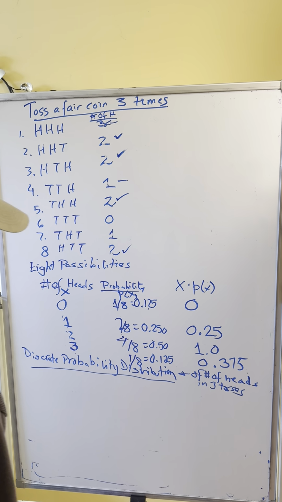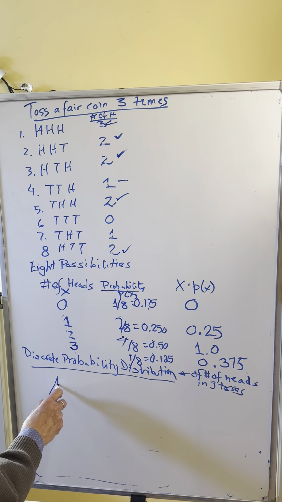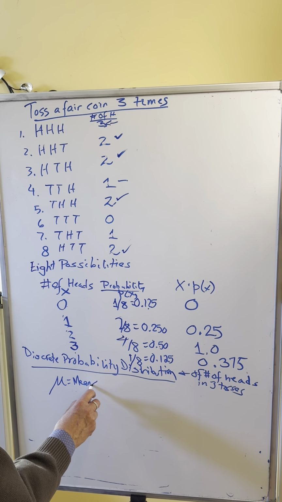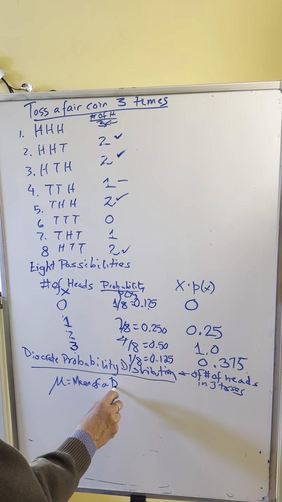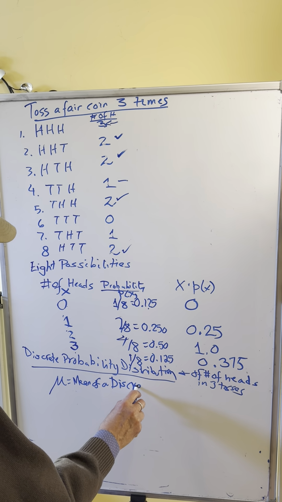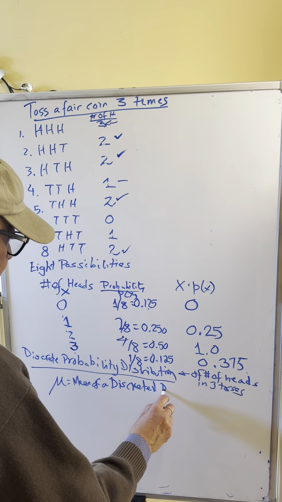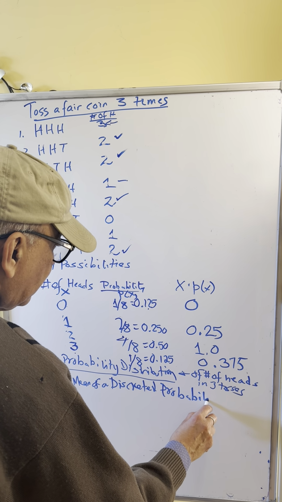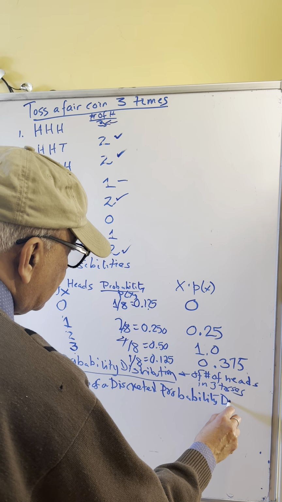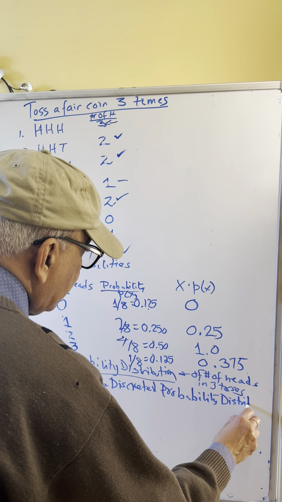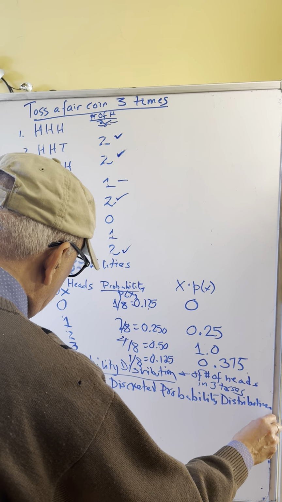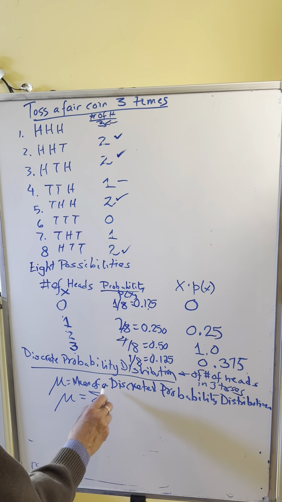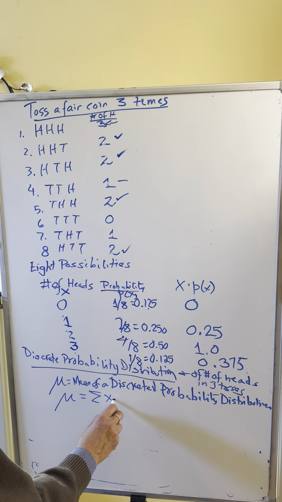Okay, and the next one is 3 times 0.125, which is 0.375. Now the mean of a discrete probability distribution, that is where the center is obtained. Mu is the sum of x times p(x).